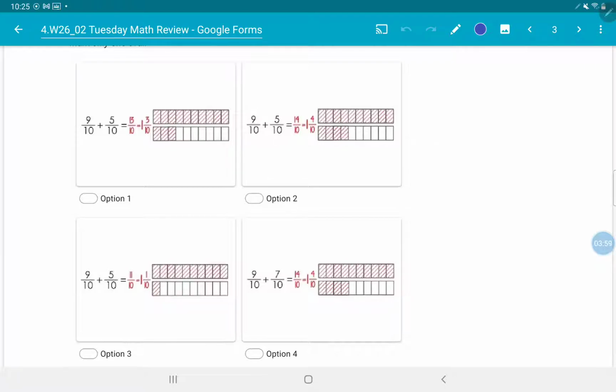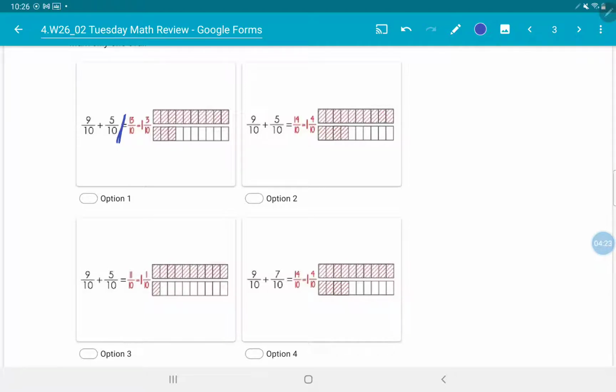Alright, so first we have 9/10 plus 5/10. Cash, what is 9/10 plus 5/10? 14. 14 what? Tenths. So can option 1 be correct? No, option 1 cannot be correct because it says 13/10. So if I look at option 2, I have 9/10 plus 5/10 equals 14/10.